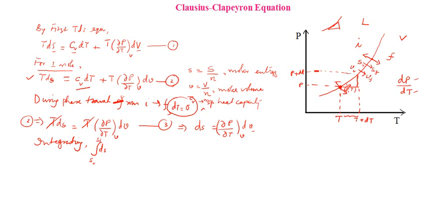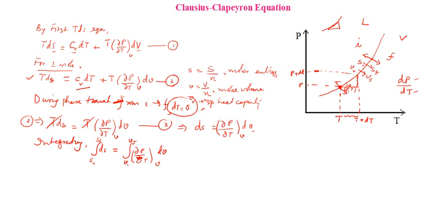On the right side it is the integral from Vi to Vf of (∂P/∂T) at constant V into dV.